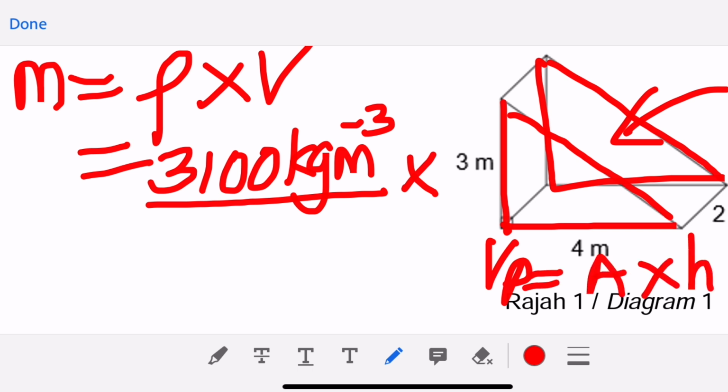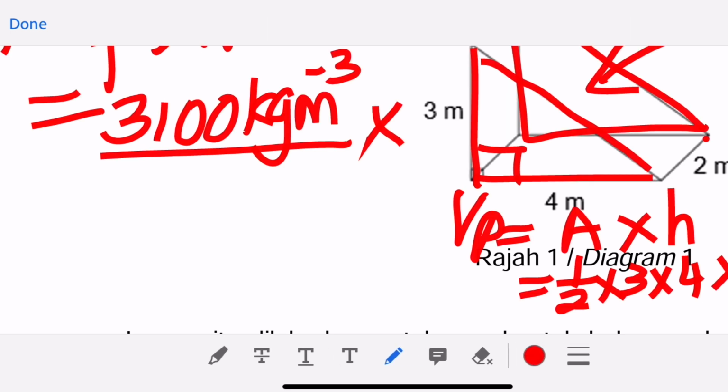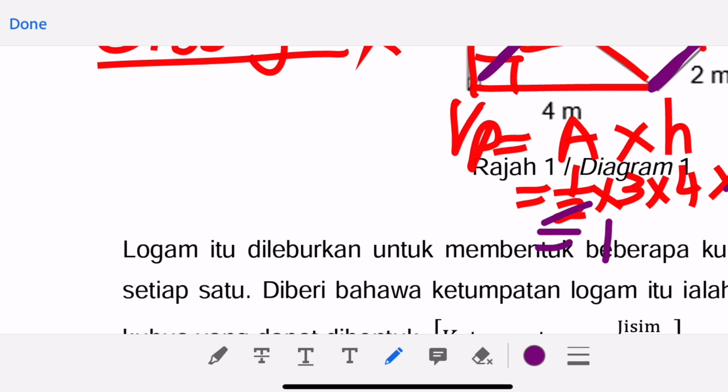A is actually a triangle, right angle triangle. So it's 1 over 2 times 3 times 4 times the difference between the two surface area, which is 2. So we cut the 2, so it's 12. Okay, 12 cubic meter, right?